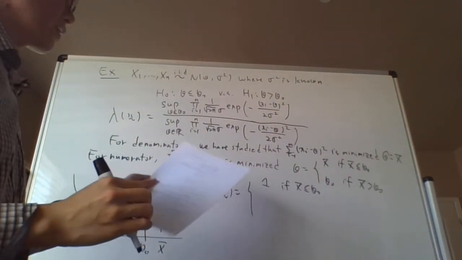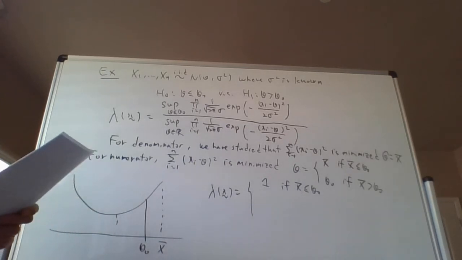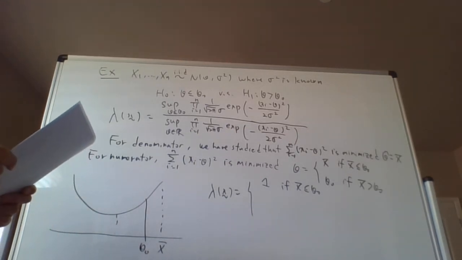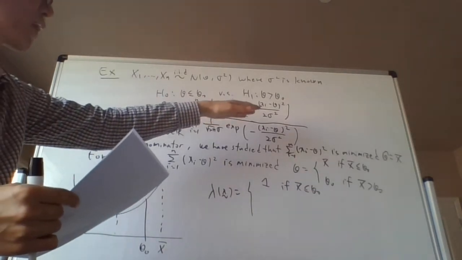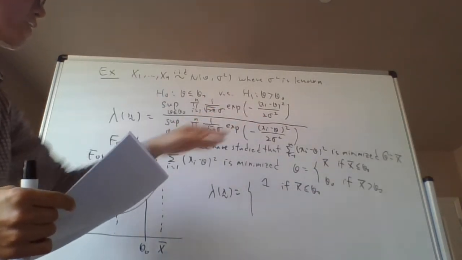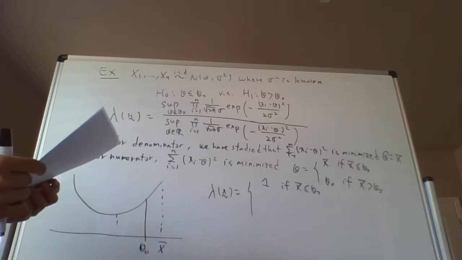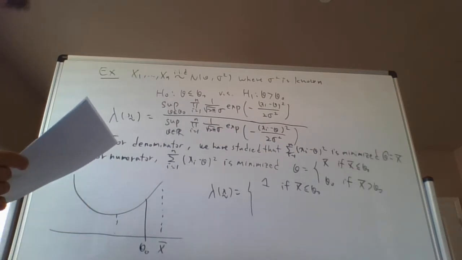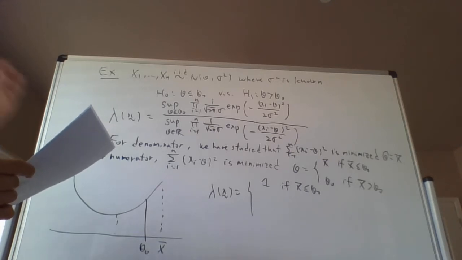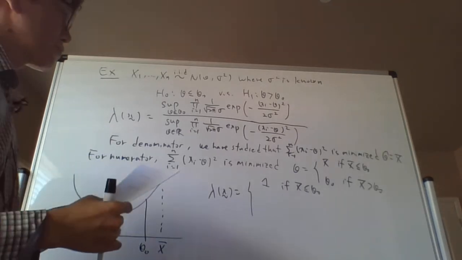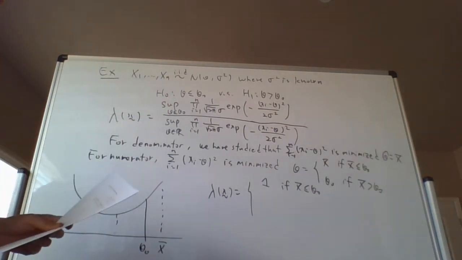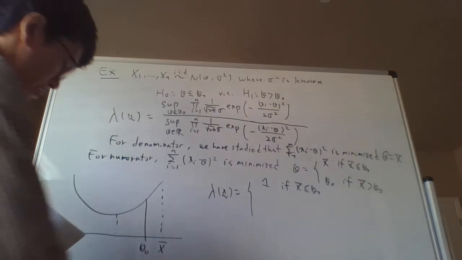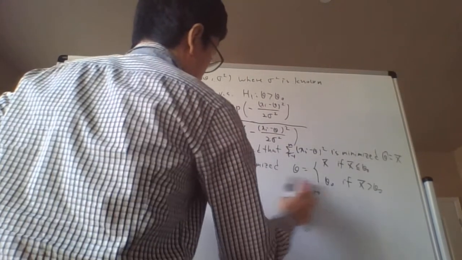When x bar is less than or equal to theta 0, we have the same minimizer in the numerator and the denominator, so we plug in the same value, and we get 1 here.